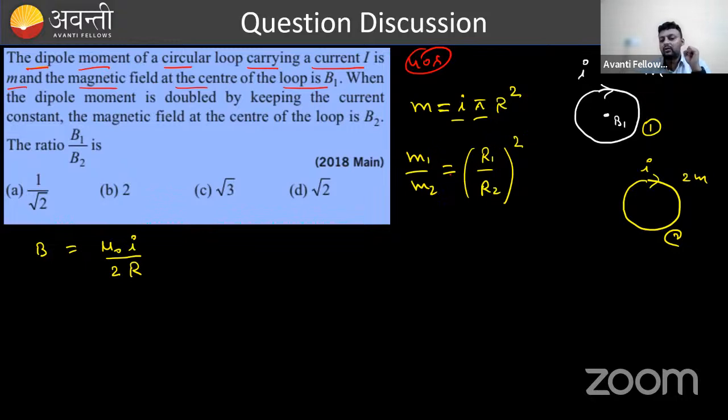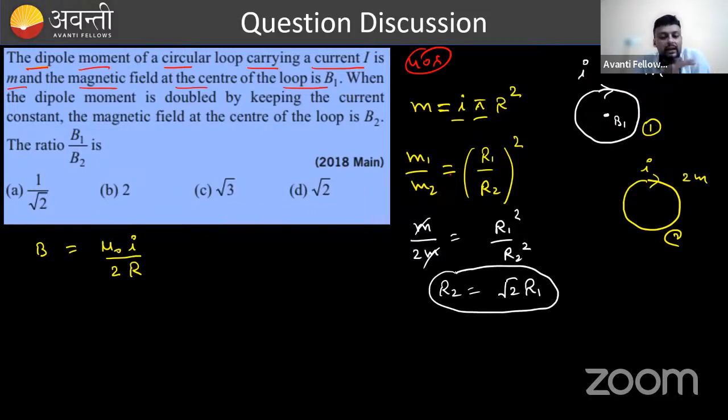M1 over M2 will be R1 over R2 whole square, because I and pi are constant. Now let's see another thing. M1 is given as M, M2 is given as 2M, equal to R1 square by R2 square. M and M can be cancelled. So I'm doing it in one step: R2 is equal to root 2 times R1. Is this step clear?